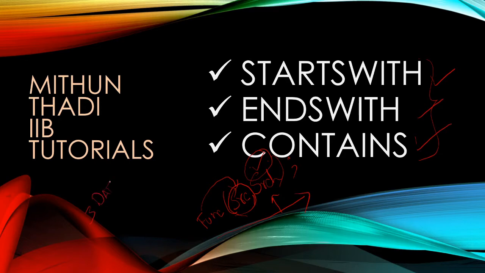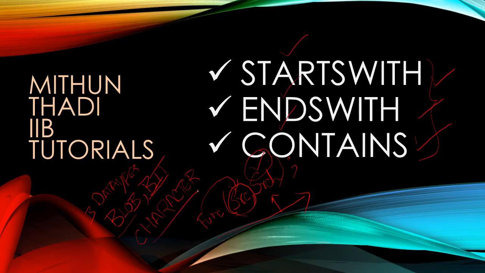Okay, the data types are blob, bit, and character. Remember this, we can only use these 3 functions on blob, bit, and char data types. Okay, blob, bit, and char data types.